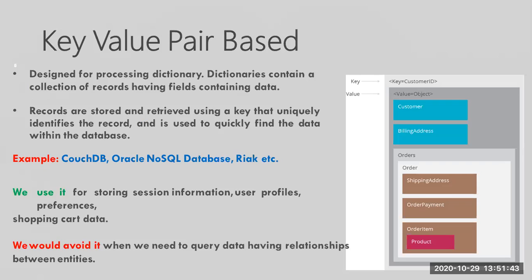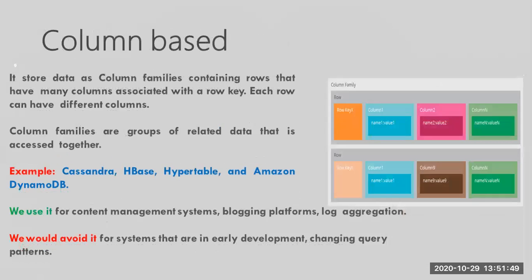And we would avoid it when we need to query data having relationships between entities. Column based means every particular data flow will have columns, and at every row there will be a column family. Examples are Cassandra, HBase, and DynamoDB.